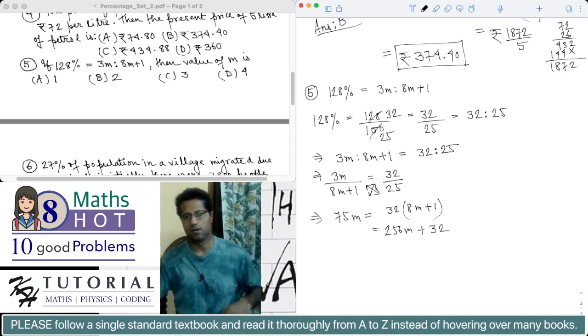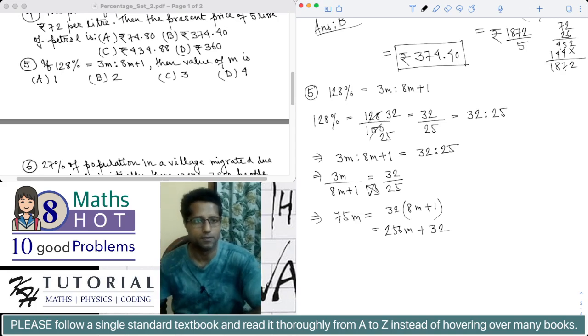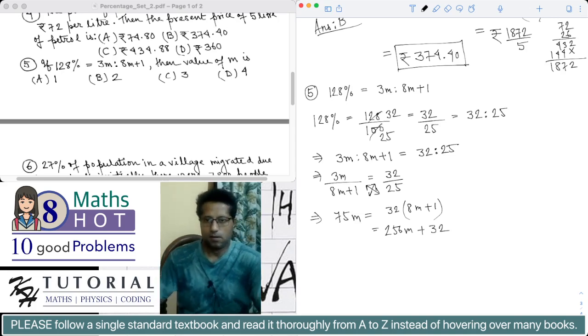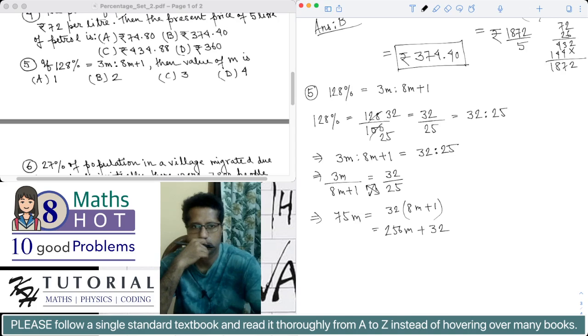No, this is wrong. M is coming out to be negative. 128 percentage is equal to 128 by 100, which is 32 by 25.